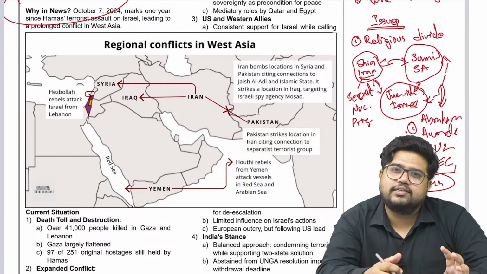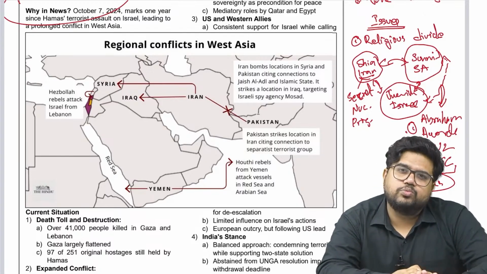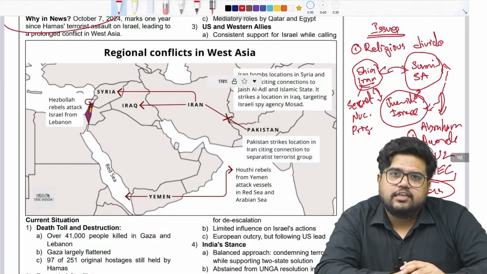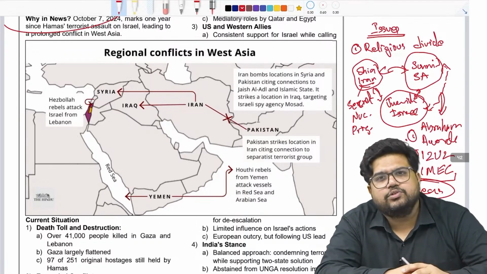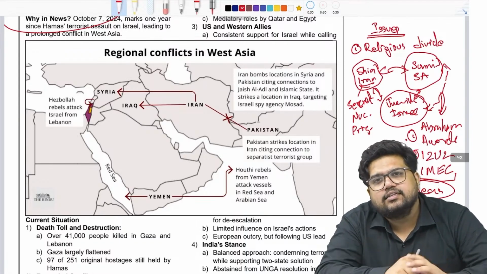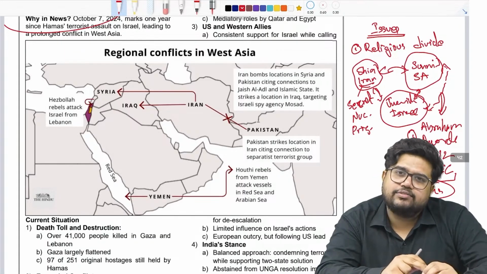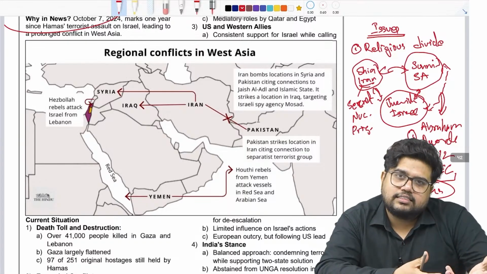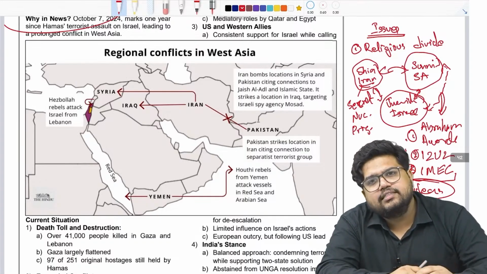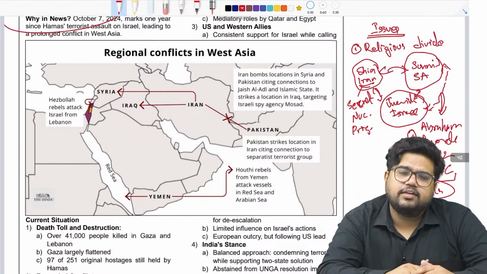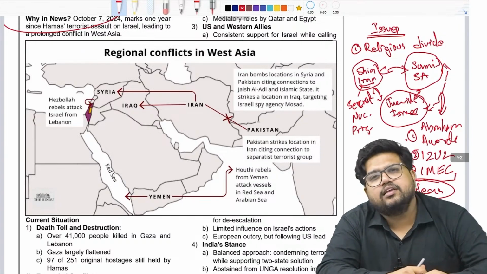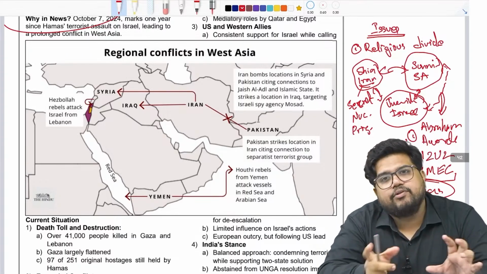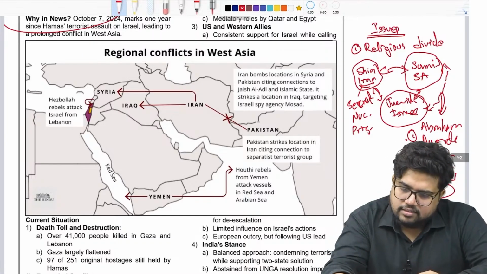This is also one reason why the Saudi Arabia-led group either wants to side with Israel or come close to the US. Most of the US attacks against Iran happened from bases in Saudi Arabia. US attacks against the Houthis in Yemen also happen from their bases in Saudi Arabia. So Saudi Arabia is becoming a close ally of Israel as well as the US. This is an ongoing power situation in West Asia.